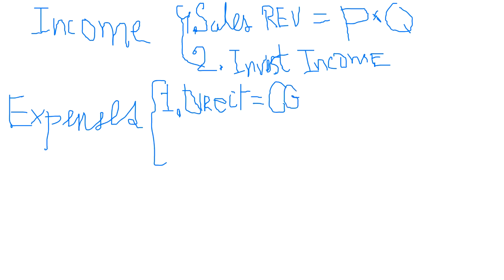CGS is accounting terminology that stands for cost of goods sold, which is also called total variable cost. Total variable cost is microeconomics terminology. I'm going to come back to that later.